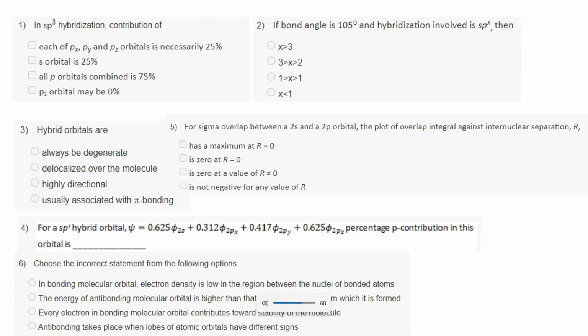We'll just solve it one by one. The first question is about sp3 hybridization: what is the contribution of s and what is the contribution of p?